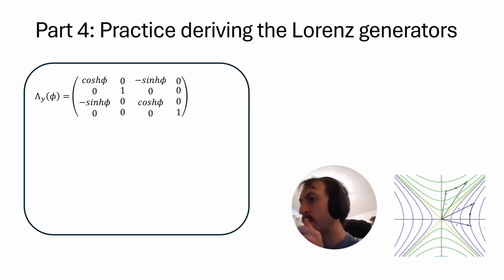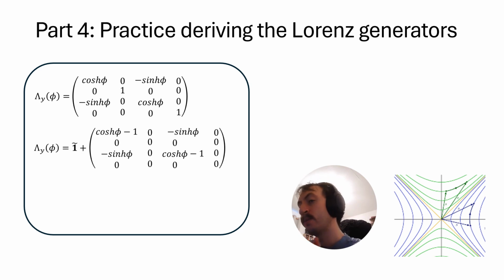But it's essentially practically the same. And then we can just take out an identity matrix from our Lorentz transform, leaving us with a rather cool looking 4x4 matrix.